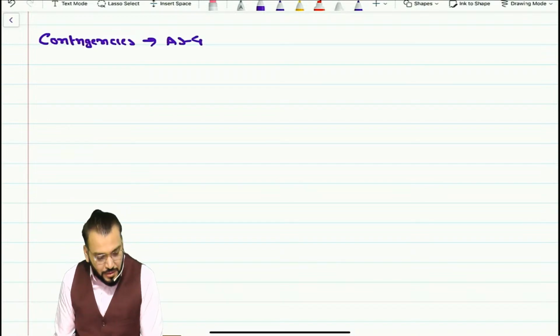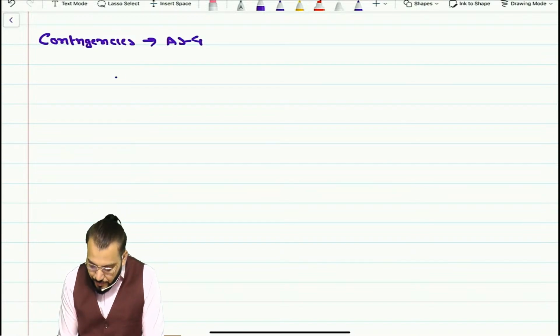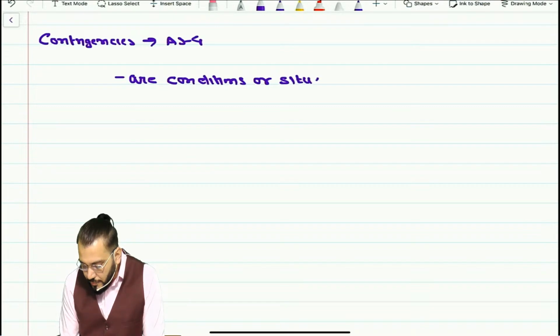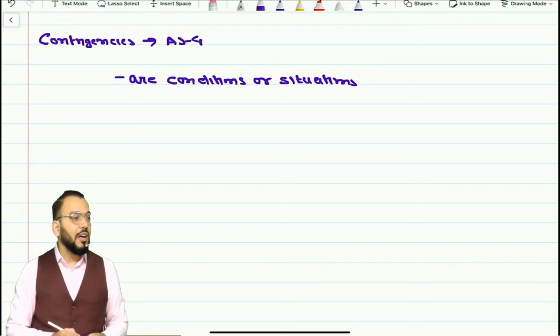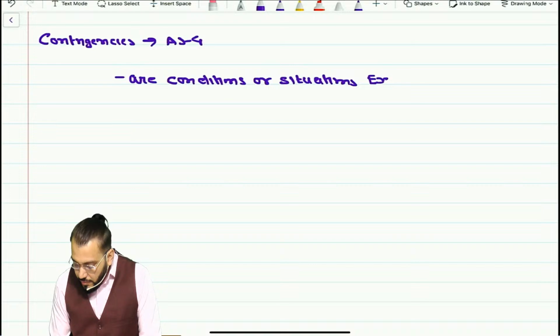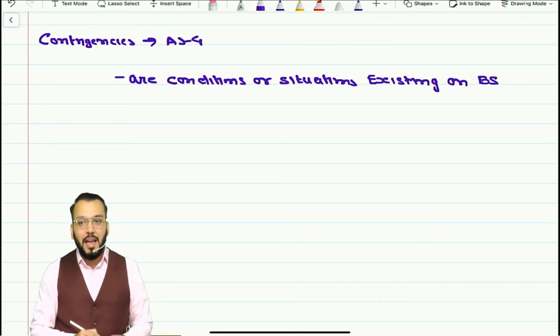So what do contingencies mean? Contingencies are conditions or situations existing on the balance sheet date.